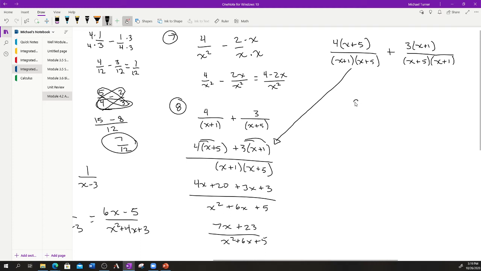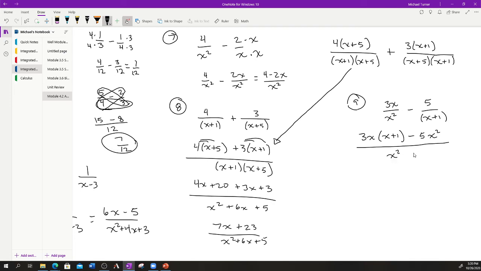Look at another example like that. Let's say we have 3x over x squared minus 5 over x plus 1. Same idea. I'm going to do butterfly method, so 3x times x plus 1 minus 5 times x squared, and that's all over x squared times x plus 1.